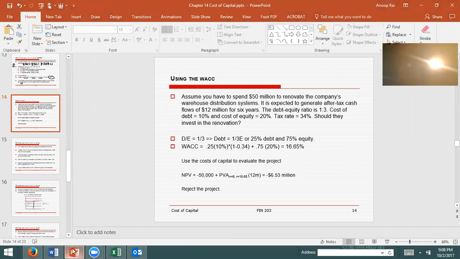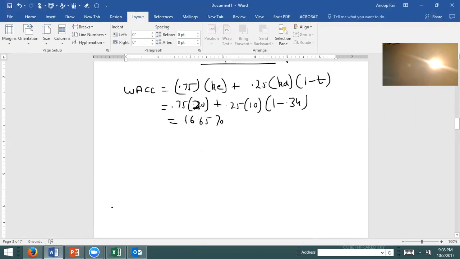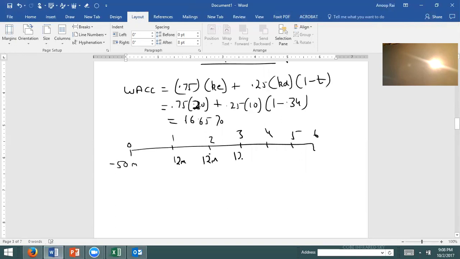It's going to cost $50 million as the outlay, and $12 million for 6 years. So what it means is you'll dish out $50 million here, and for the next years 1, 2, 3, 4, 5, 6, you'll be getting $12 million after-tax cash flows. So we don't have to calculate as much.